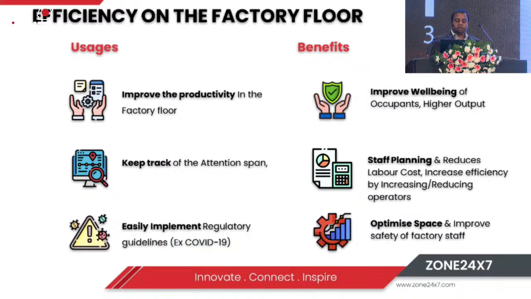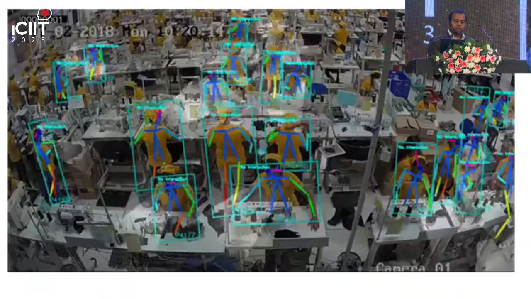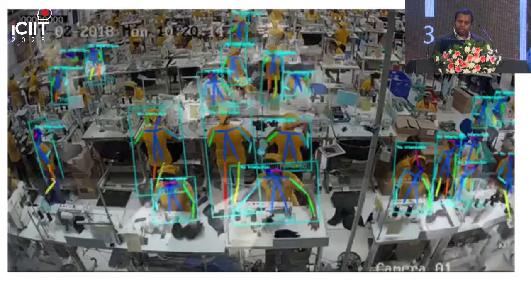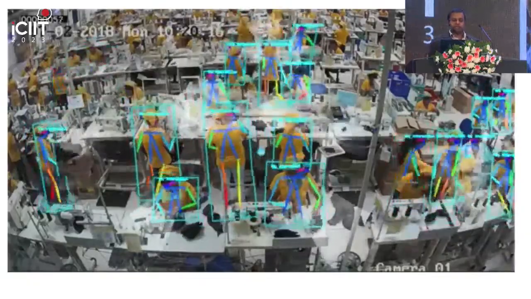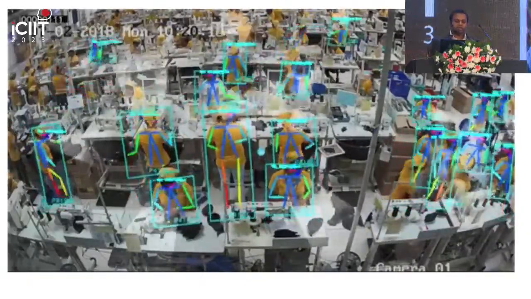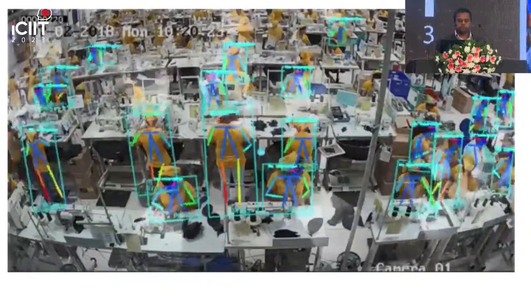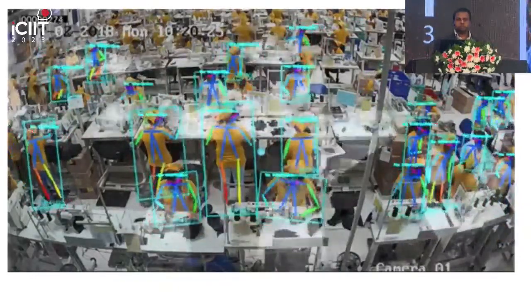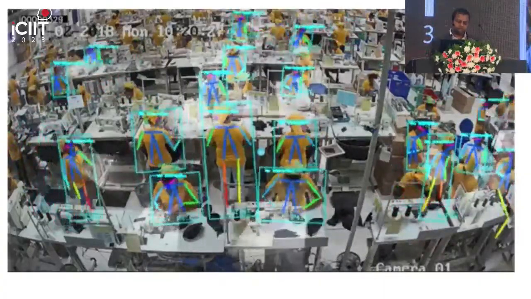This is another example that we have done, where a factory flow is being monitored, and you see the gaze of the person is detected and the attention span is calculated. You could generate heat maps or whatever format is needed.